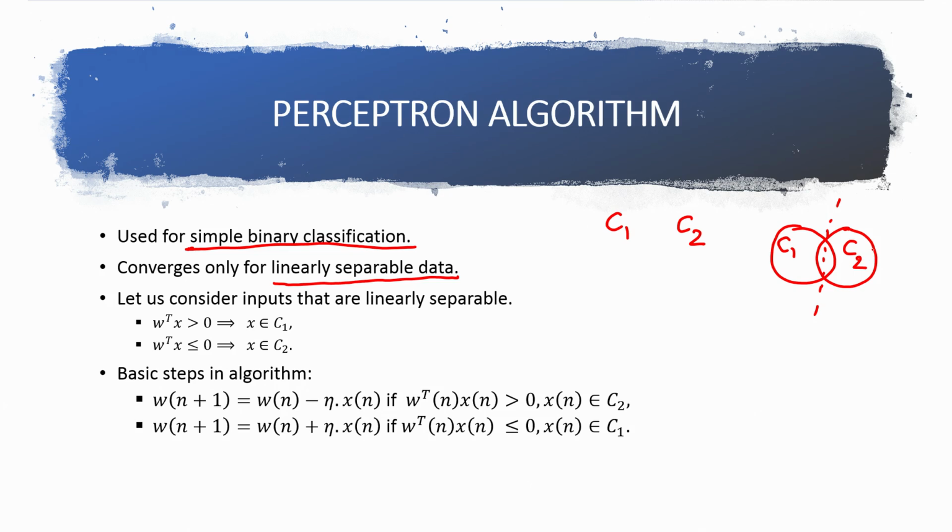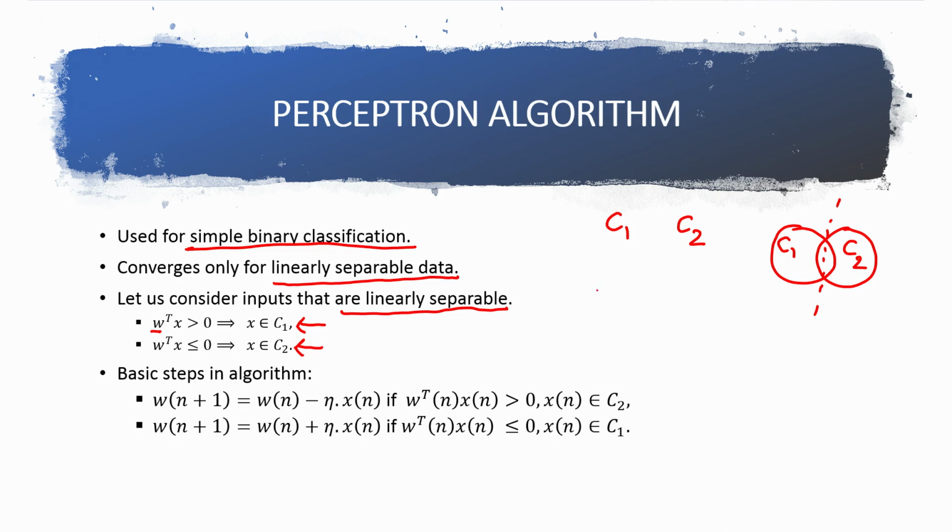So, suppose we have a set of inputs that are linearly separable. Then, using the perceptron algorithm, we can find a weight vector W such that W transpose X is greater than 0 for all inputs X that belong to class C1, and W transpose X is less than or equal to 0 for all inputs that belong to the class C2.